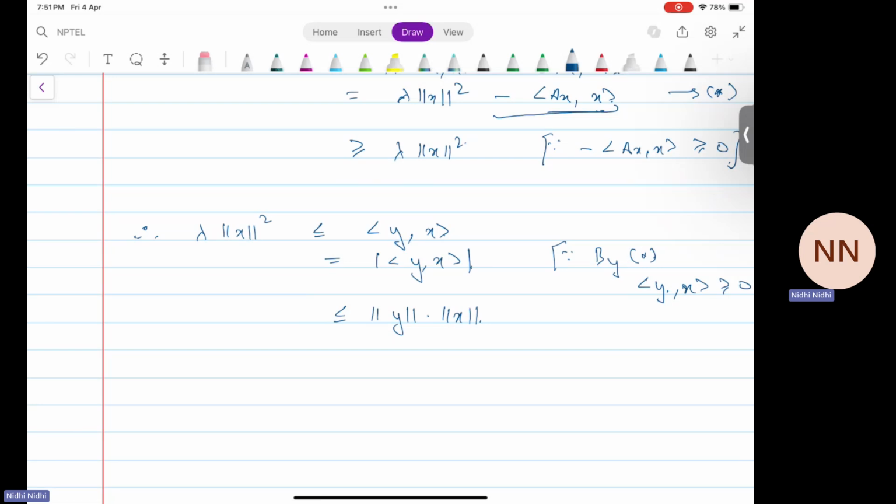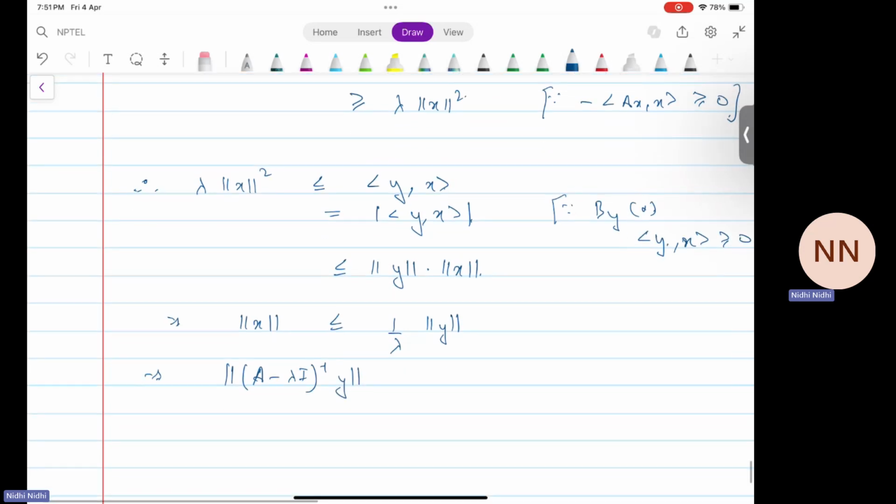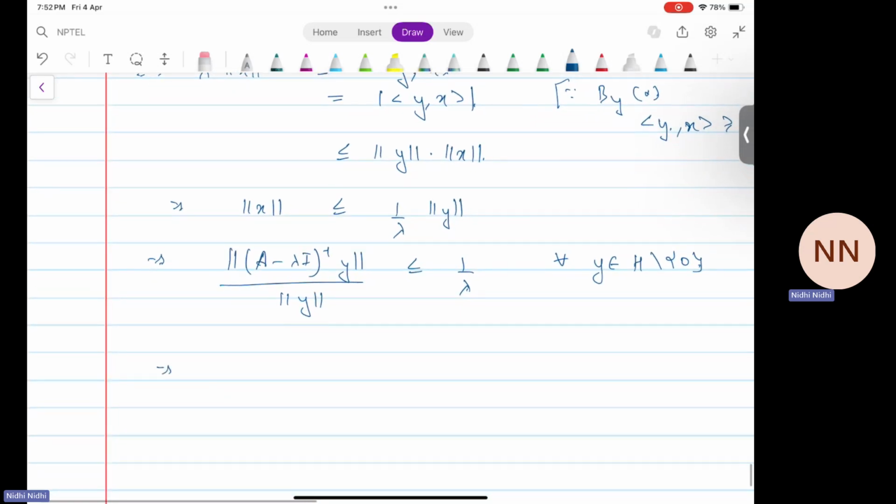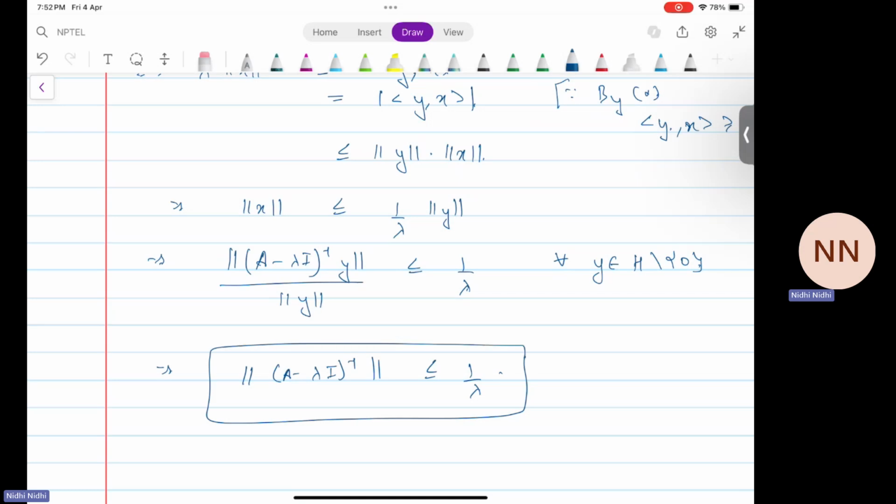Dividing both sides by norm x, we get norm x is less than or equal to 1 by lambda times norm y. Since x is equal to (lambda I minus A) inverse y, norm of the inverse of y by norm y is less than or equal to 1 by lambda for every y belonging to H minus 0. So by the definition of operator norm, the norm of (lambda I minus A) inverse is less than or equal to 1 by lambda. That is what we needed to prove.